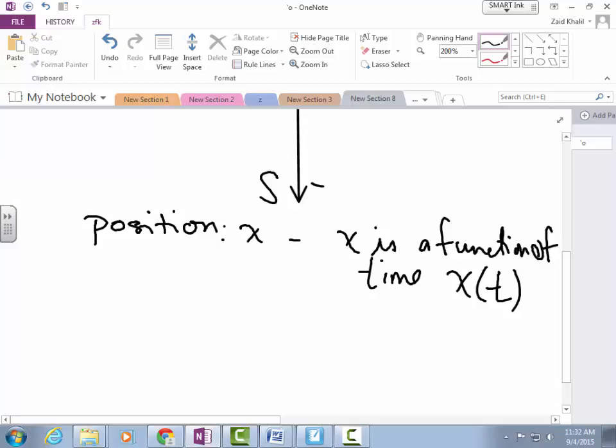But I haven't really defined what position is yet. So what do I need in order to define the position? So for instance, let me pick someone. Maris? So, where's your position in the room? That's not what you should be saying.